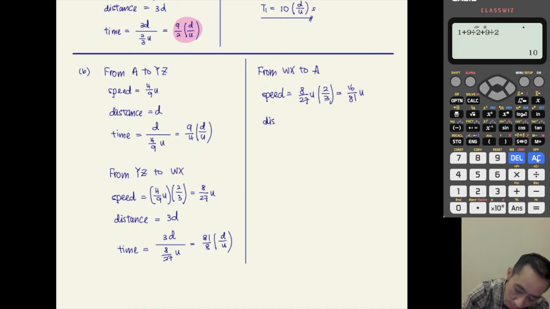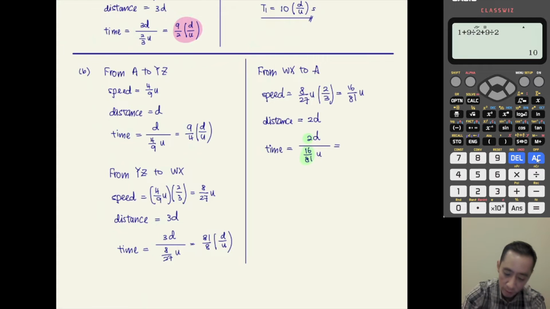Then the distance is 2d. So what is the time taken? Distance divided by the speed, 2d divided by 16 over 81u. For this one, you can verify by using a calculator if you are not very certain: 2 divided by 16 over 81.